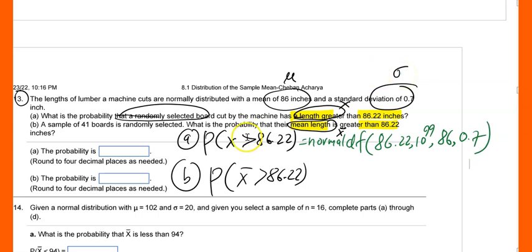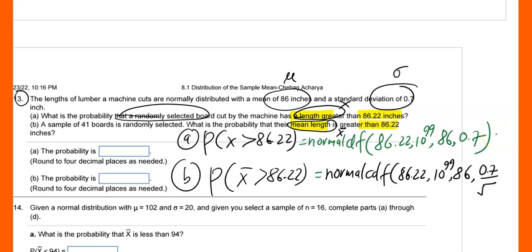But since the second part uses X bar, therefore here you get this normal CDF 86.22, 10 to the power 99, 86, comma. Now standard deviation, we are not using just 0.7, we're using 0.7 divided by square root of 41. That's the sample size, 41.